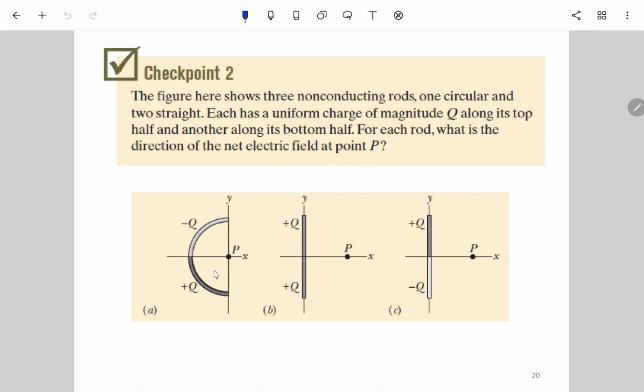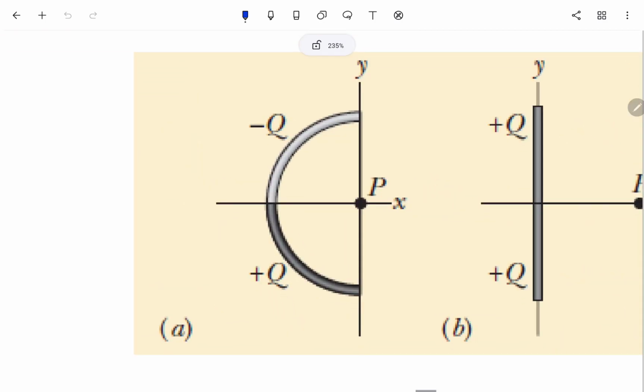So for question A, what is the direction of the E field at point P? Here we can consider this part: this is a negative charge, so it will generate an E field at point P pointing to this side. This is E minus, pointing to this side. It must be 45 degrees to the y-axis and x-axis.